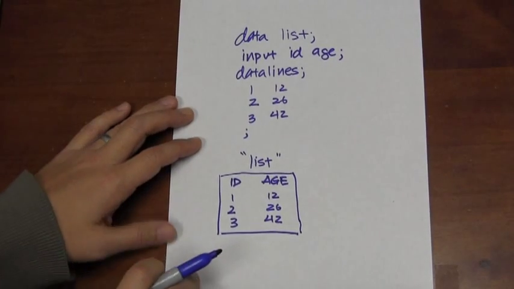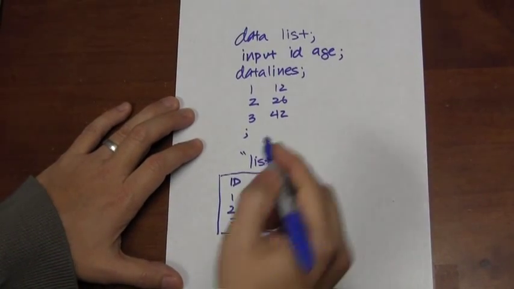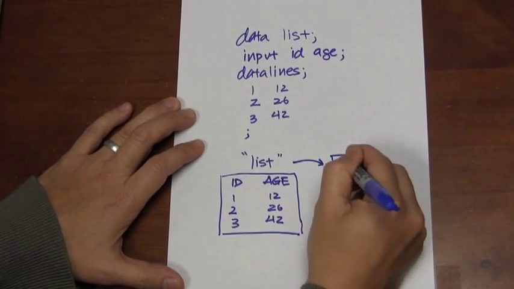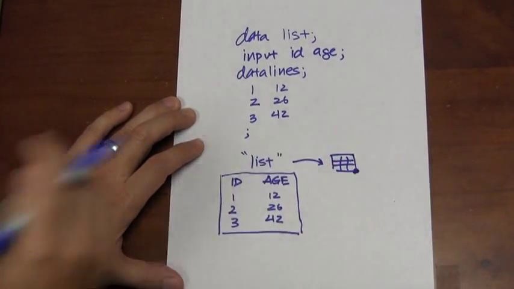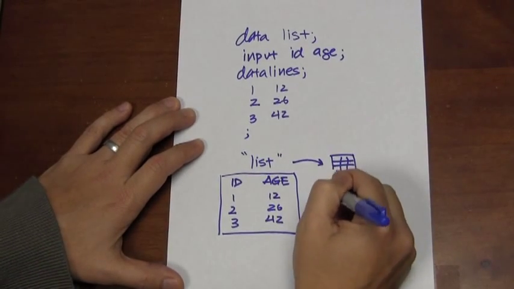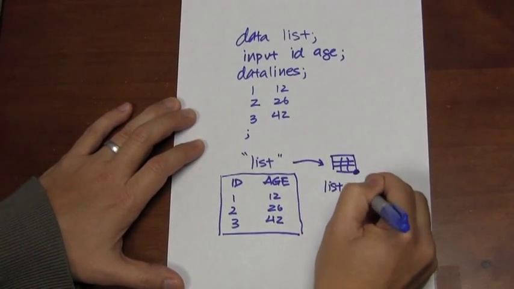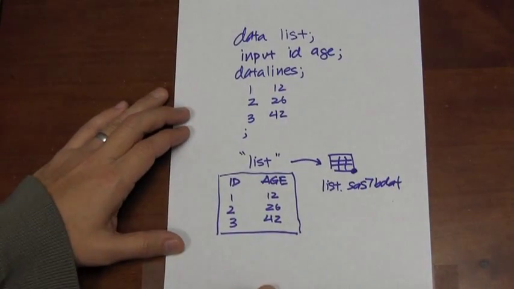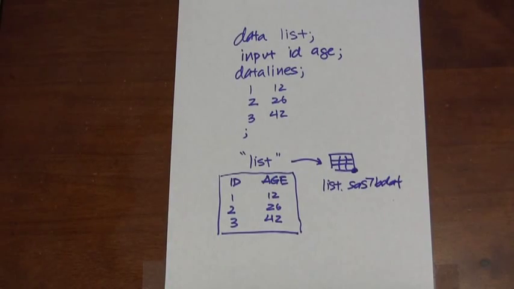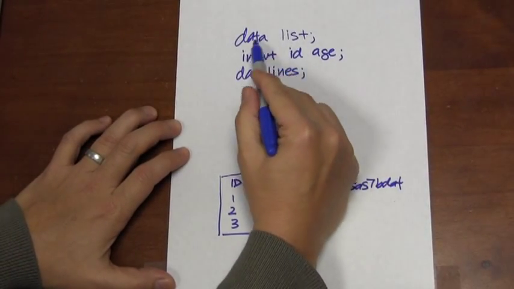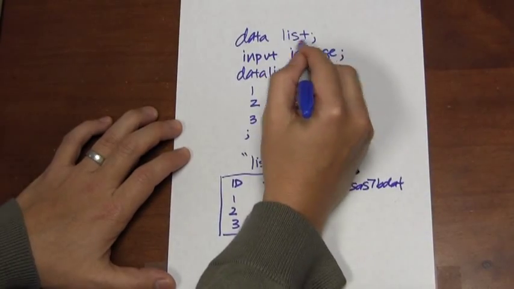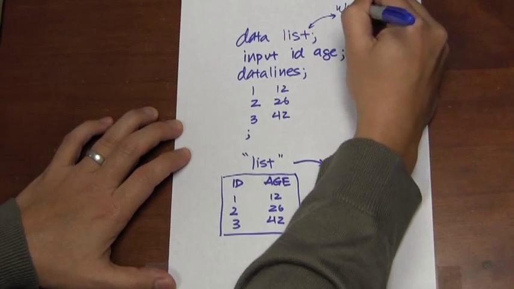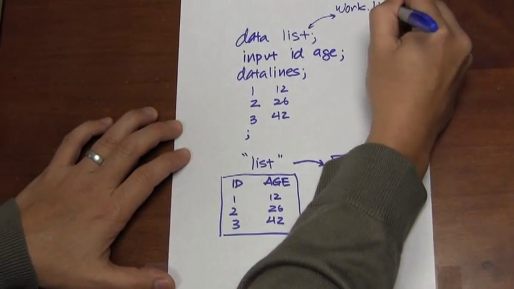It's called list, and what this actually does is this will create, as we talked about in class, a file. And if you looked at that file on the computer, it has that icon, and it's called list.sas7bdat. Okay. Now, in terms of where it'll be located, if you recall, when we put data list, just saying list by itself, that's exactly equivalent to putting this down, work.list.